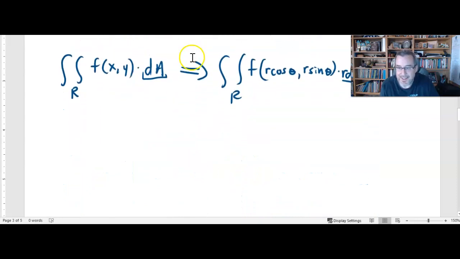Now, in this multivariable world, we don't get to choose as we move to polar coordinates. We have to go with what is mathematically known, that x is equal to r cosine theta and y is equal to r sine theta.